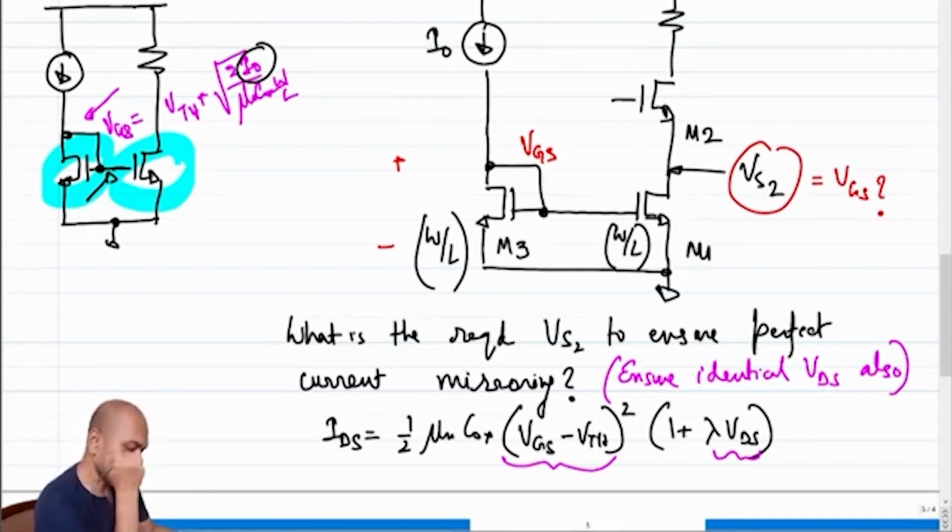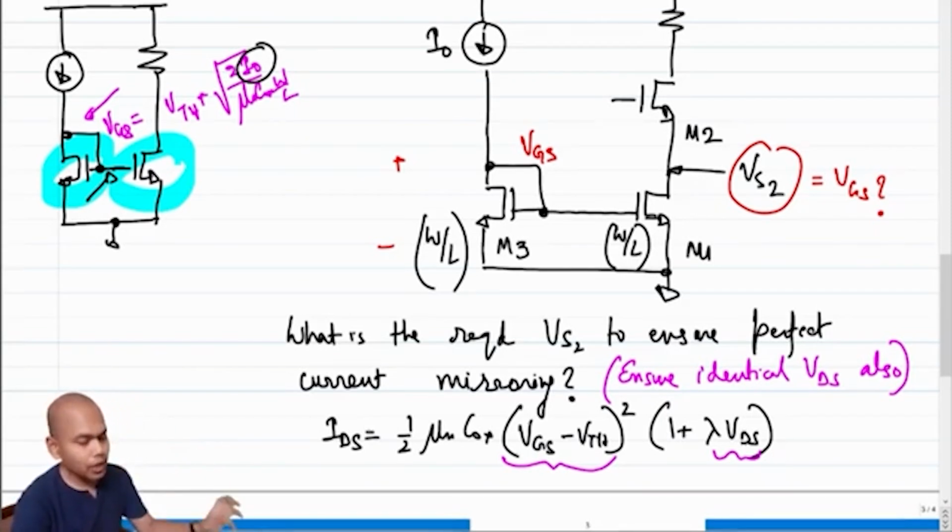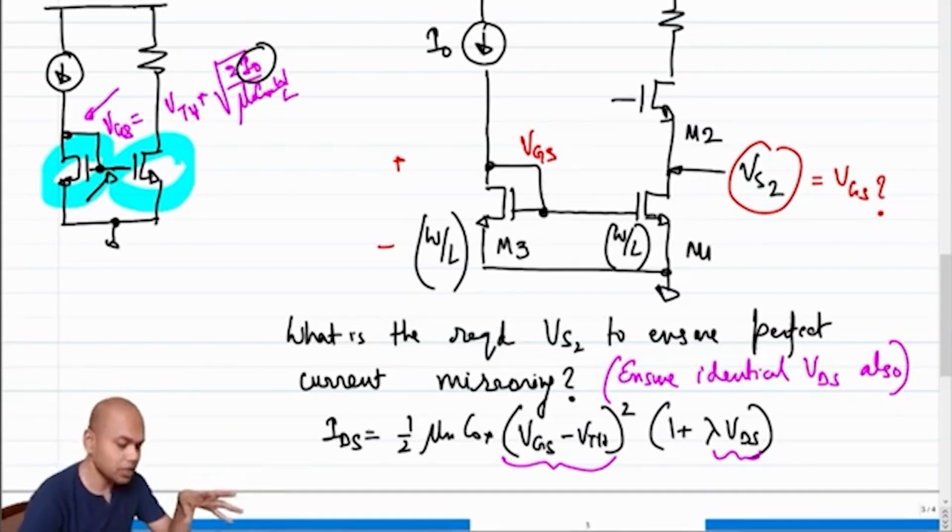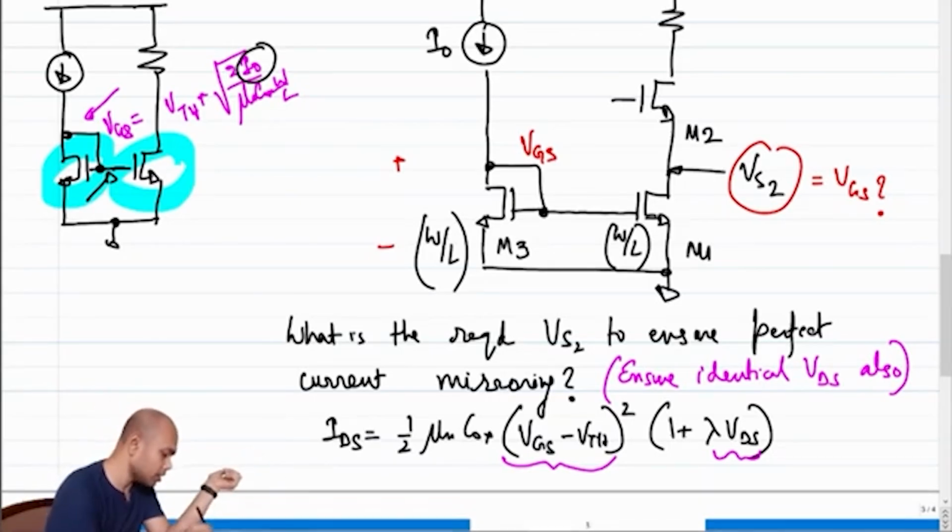So if I take you back to the previous lecture, what you might have noticed is, who is setting that voltage VS2? Clearly the gate voltage of M2 was setting the voltage at VS2. Why do I say so? Because this current is supposed to be largely constant.